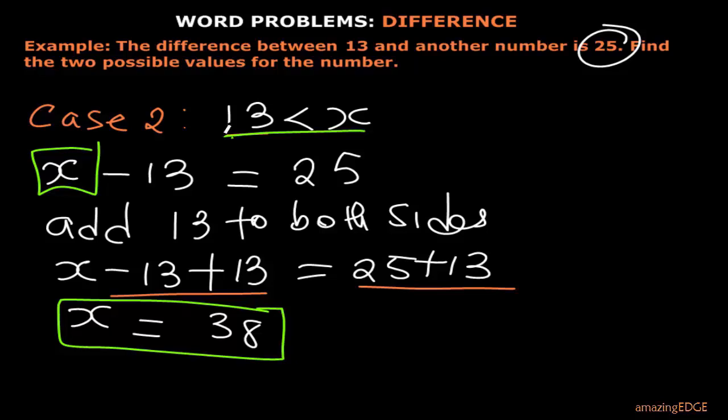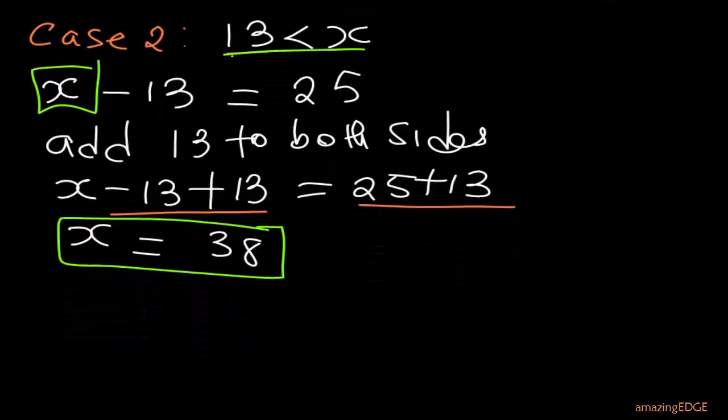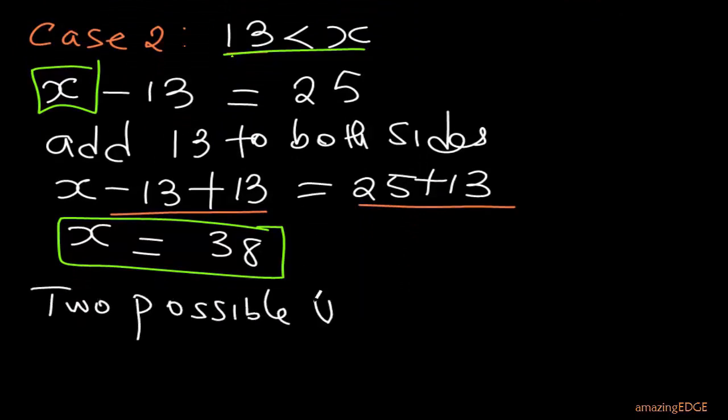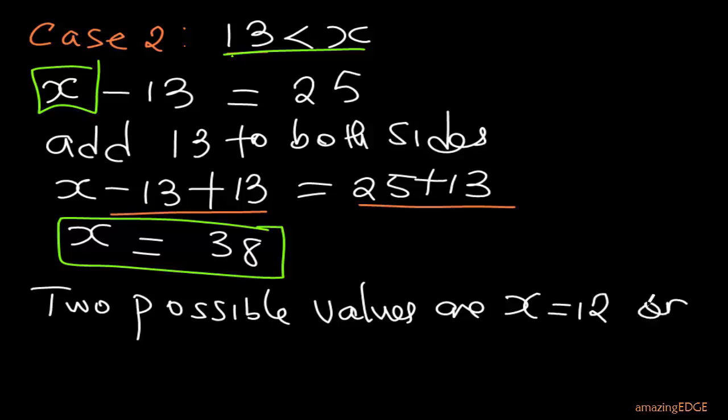So in conclusion, what do we conclude? The two possible values will come from the two cases. In the first case, we were able to get x equal to minus 12. So the two values will be x equals minus 12 or x equals 38.